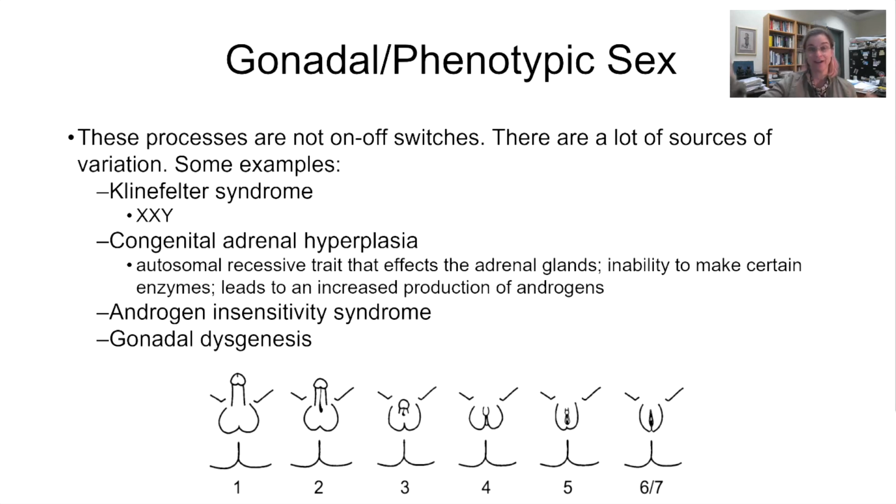You can either have too many androgens circulating in the body, which would lead to a more masculinized body for a female sex determination. So if you have XX but congenital adrenal hyperplasia, you're going to have more androgens and a more masculinized anatomy. Then you have androgen insensitivity syndrome, and in AIS, an XY person is actually resistant to androgens.